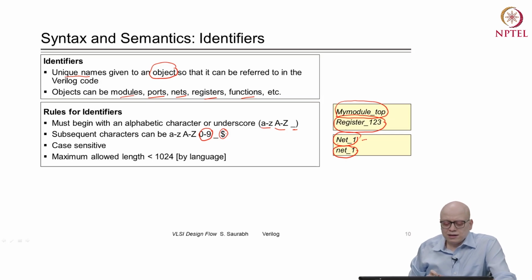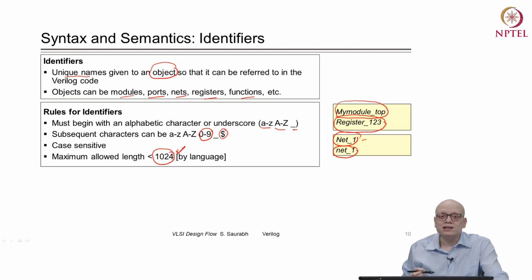The maximum size of an identifier allowed by the language is 1024, meaning that the tools which support the Verilog language must support at least 1024 characters in an identifier. The tools can support more than that, there is no problem, but they must support at least 1024. So, what does it mean for a designer writing Verilog code?